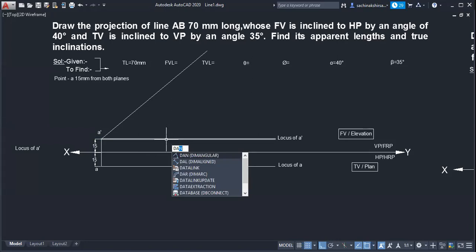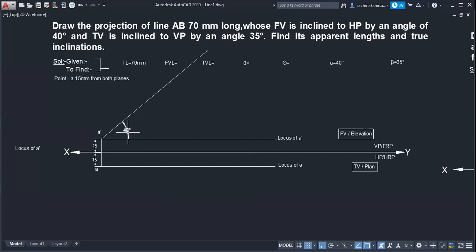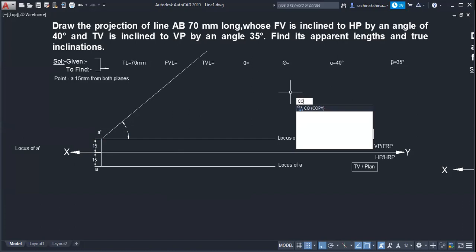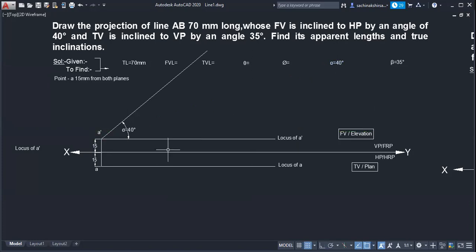This angle should be 40 degrees. Which angle is this? This is alpha. So directly you can give that angle here also. Whatever angle we have marked, directly you can give it here likewise. Alpha equal to 40.